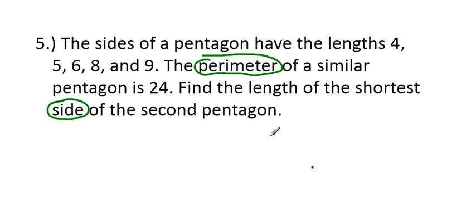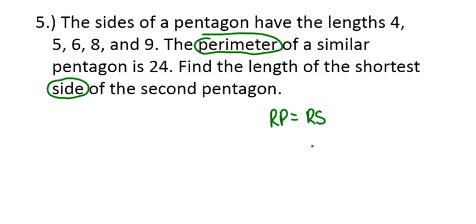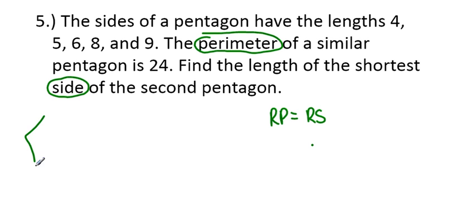So I'm going to guess here that it's a pretty good bet that the formula that I'm going to use is ratio of the perimeters is equal to the ratio of the sides. Now it's not necessary to, but a lot of you will find it helpful to draw a picture. So I'm going to go ahead and draw a picture of that first pentagon. And it's not a very accurate to scale picture, but again, it gives me a picture in my mind of exactly what I'm working with here.